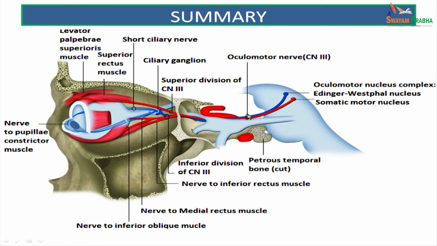Both form a single trunk, enter into the orbit through the tendinous ring of Zinn, and divide into upper and lower rami. The superior rami supply the superior rectus and the levator palpebrae superioris. The lower rami or the inferior rami supplies the inferior rectus, the medial rectus and the inferior oblique.